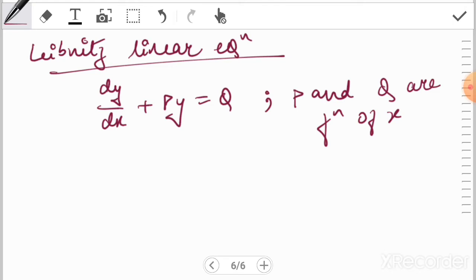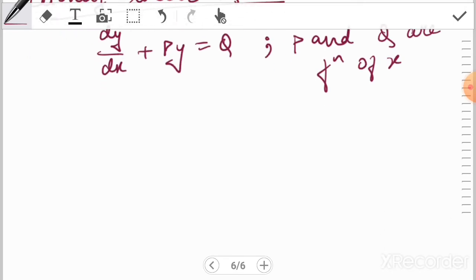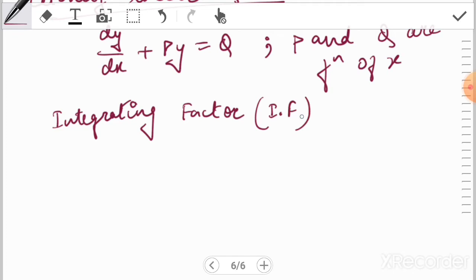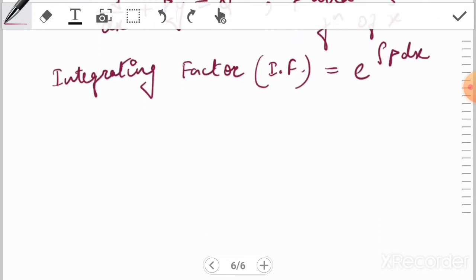So to solve such equations, multiply both sides by integrating factor. So integrating factor or IF is e raised to the power integral p times dx. So this factor is multiplied on both sides. I will show you how we multiply both sides by e raised to the power integral p dx.